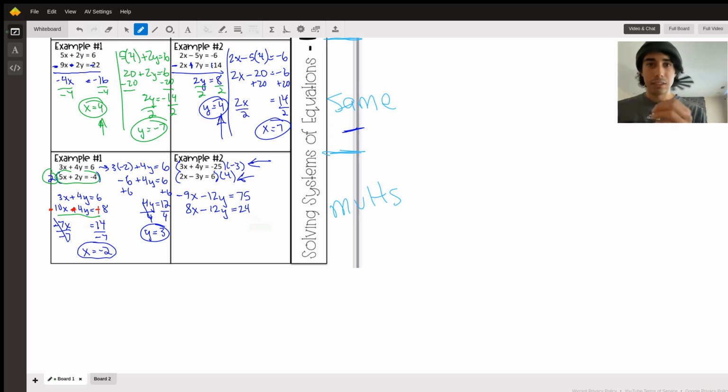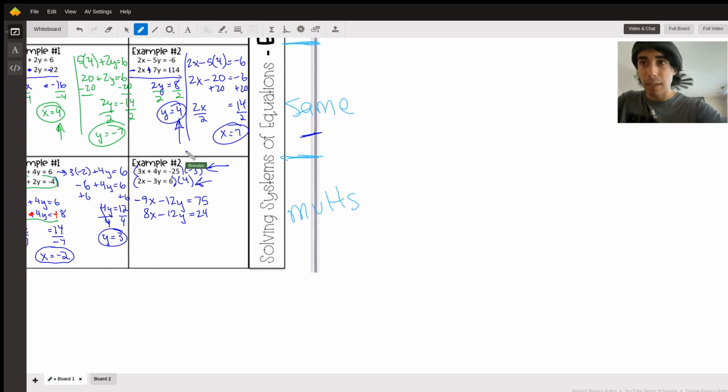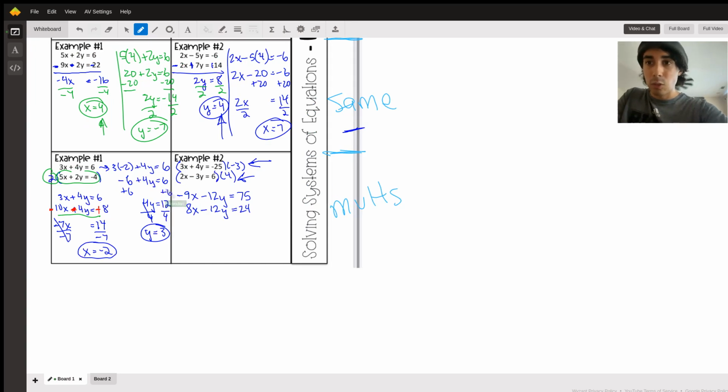Now what we need to notice is that we have the same coefficients. So we can go ahead and switch the signs here. This is back to case number 2, where we have the same coefficients. I could go ahead and multiply my top one by negative 1, so I can make that a plus 9x, a plus 12y, and a minus 75.